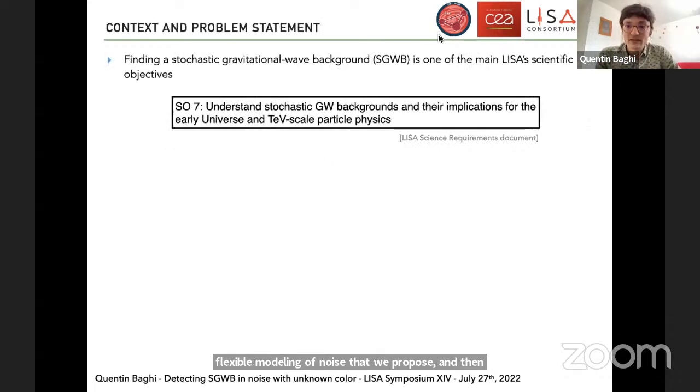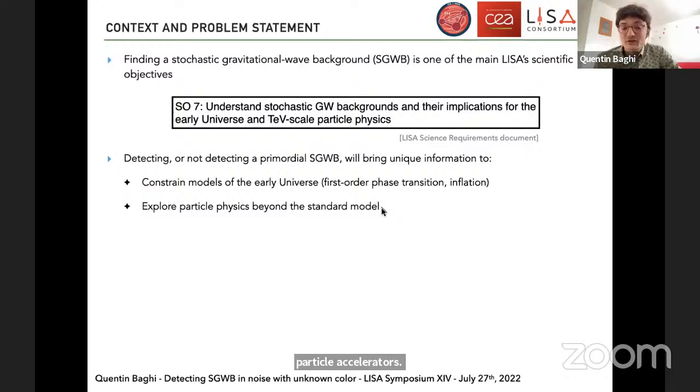As you know, and as Robbie has very well explained, finding a gravitational wave background of primordial origin is one of the main LISA science objectives, and this is stated in the LISA science requirement documents. The 7th science objective states that it is important to understand them for their implications in cosmology and also in particle physics beyond the energies achievable by current particle accelerators.